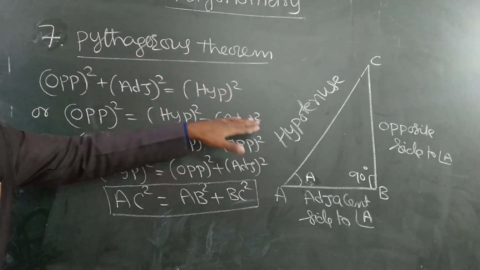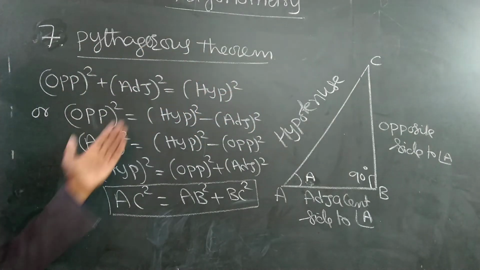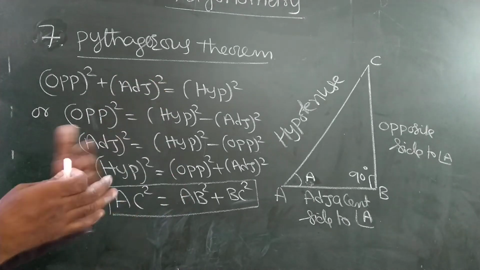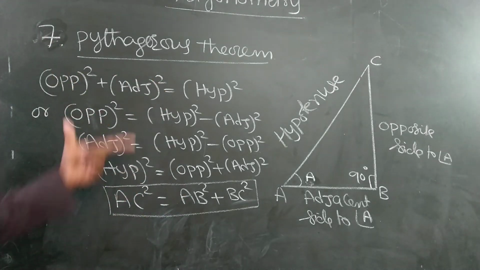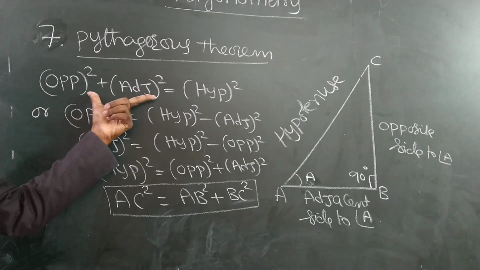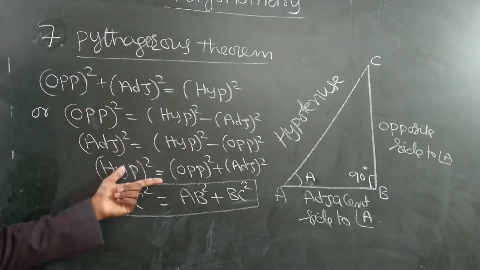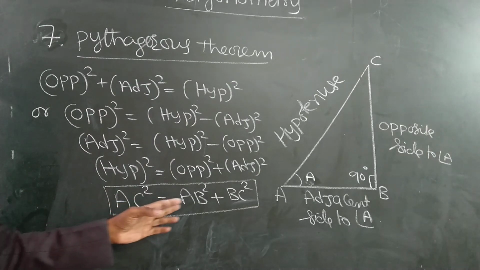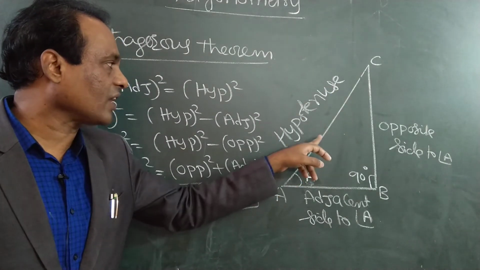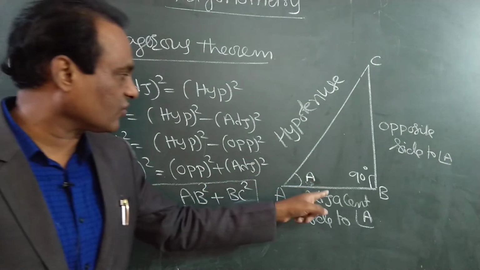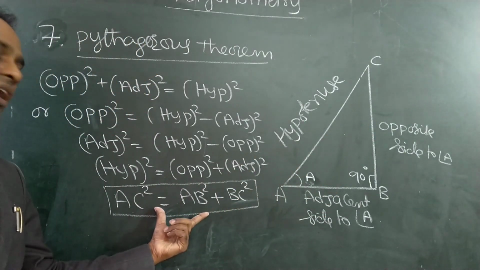I took this side, and next that side, and wrote it in different ways so that you will get some practice. This is the basic theorem, and you can remember it like this or like this. Both are the same. In other words, in terms of sides, hypotenuse square is equal to adjacent square plus opposite square. This also you write.